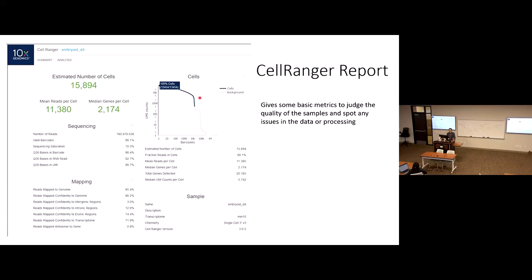So you need to have enough barcodes. The number of cells is 10,000. We need 10,000 here, with enough UMI counts for those cells. And you expect to see a quick drop. That's the separation between droplets with cells and without. You should have a very clear separation at this end.